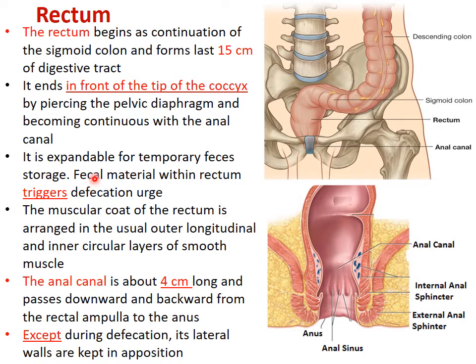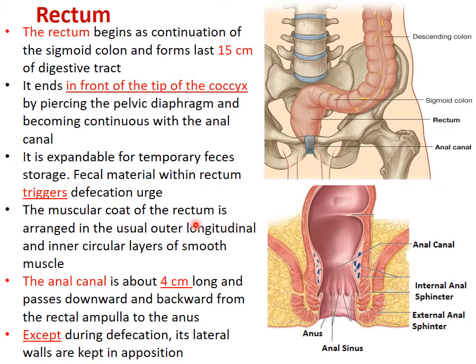So actually this rectum is designed with the capacity to store extra fecal material. That's why sometimes, in constipation, when you are not going to the toilet for 2 or 3 days, it accumulates and becomes very thick, and it is very difficult to evacuate it out of the body.